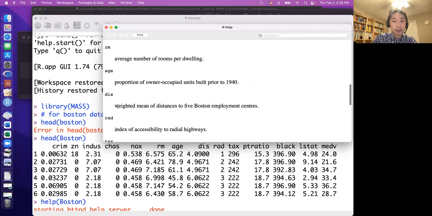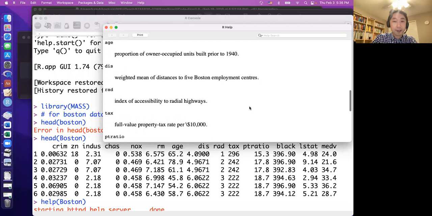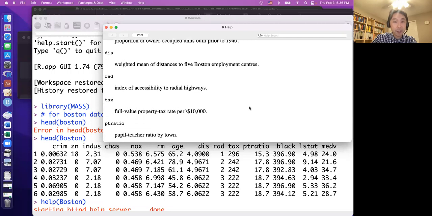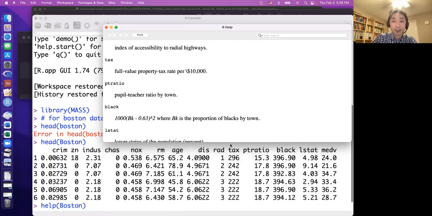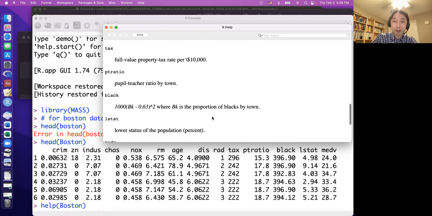DIS is the distance to 5 Boston employment centers, RAD is accessibility to radial highways, and TAX is the property tax rate. Some towns have higher property tax. Usually, if we have more commercial or industrial areas, then the town has revenue from non-residential taxpayers, so the tax rate is usually lower.